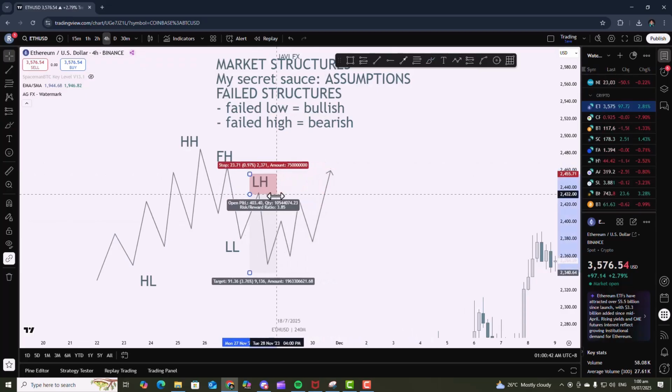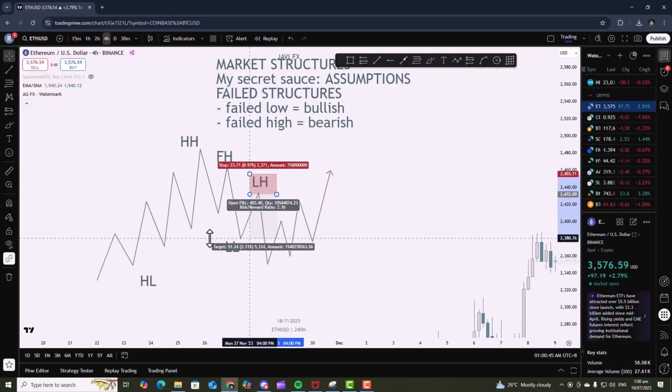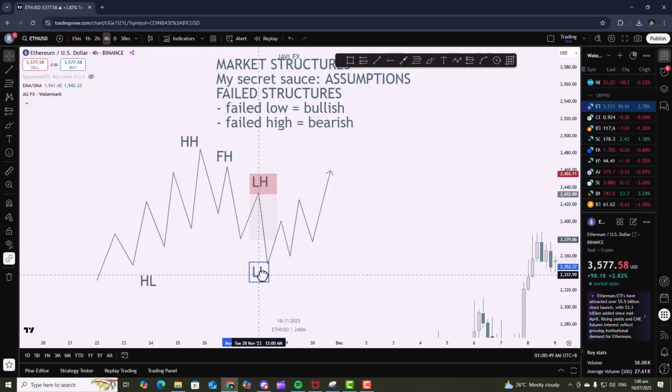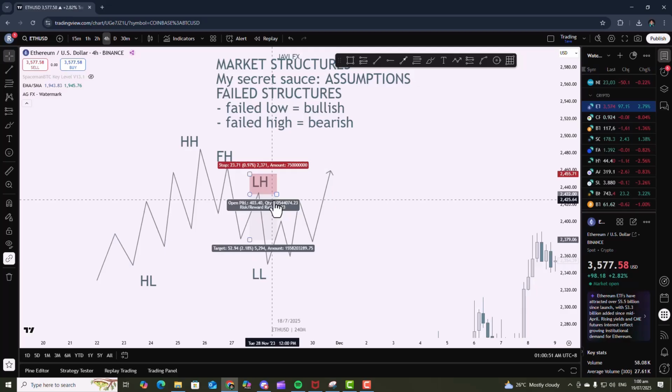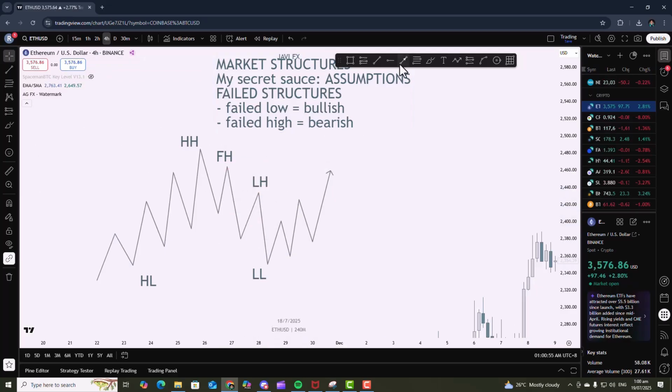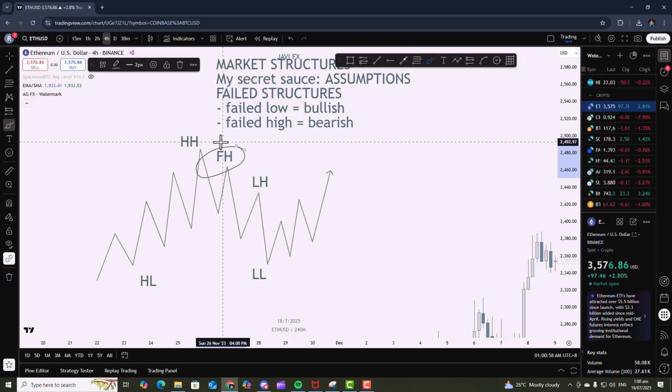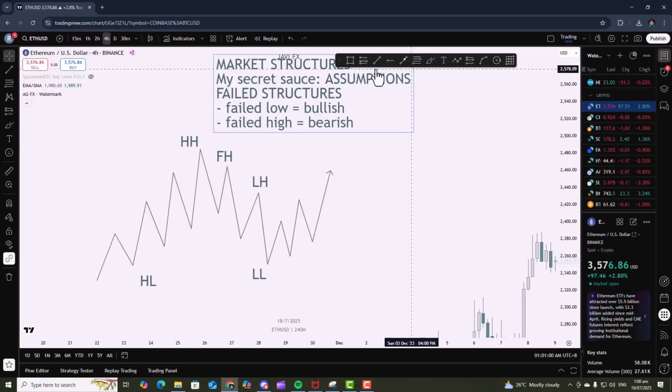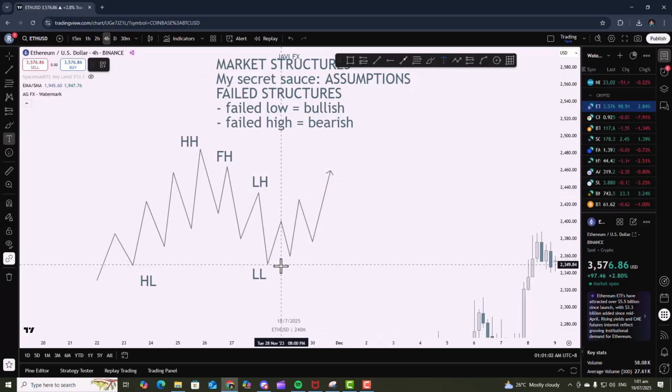Based on assumptions alone, you'll be able to target this lower low, this low here, as we create another lower low. Okay? Very simple.